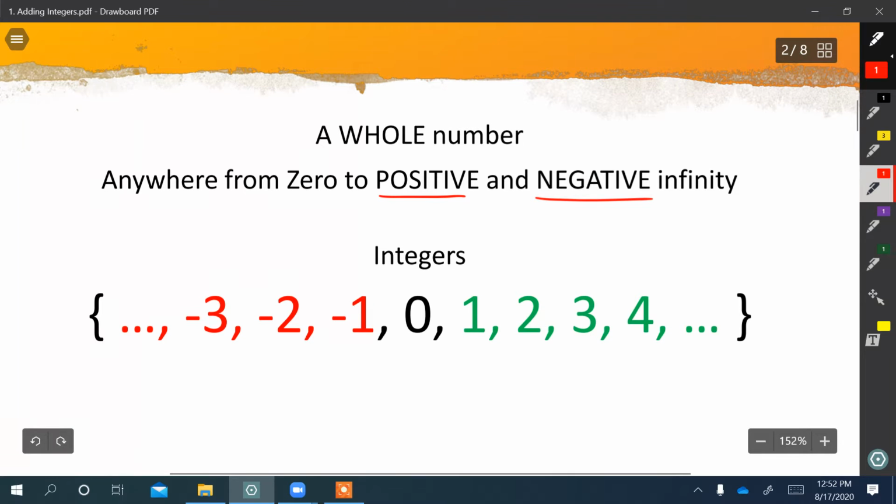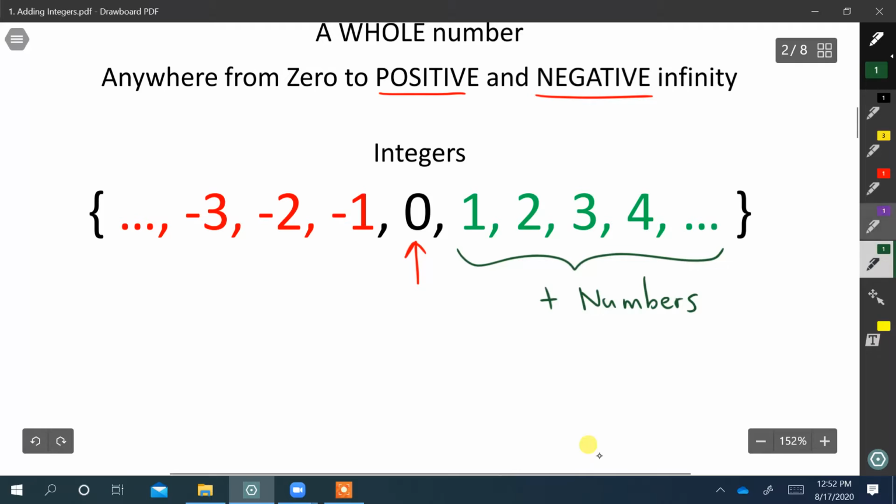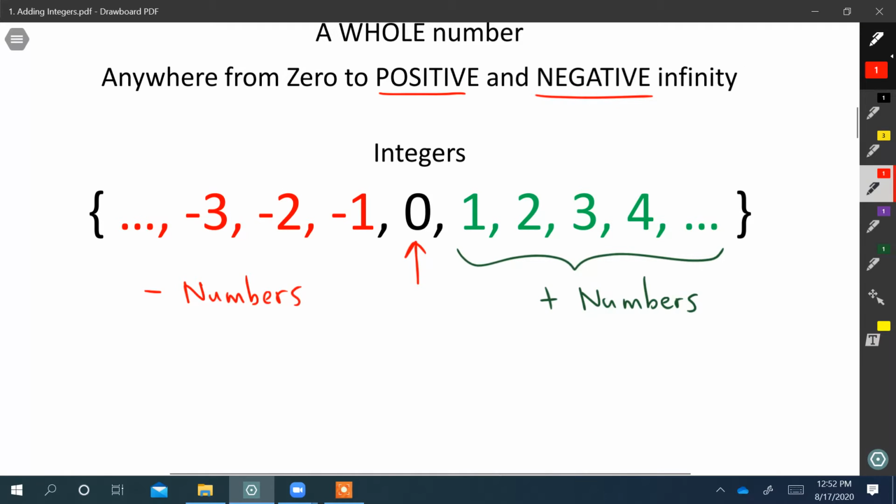Now, if I take a look at all the integers right here, first of all, I have my neutral number, and then I have all my positive numbers. Then I also have all the negative numbers. And all those numbers are what makes the integer set.